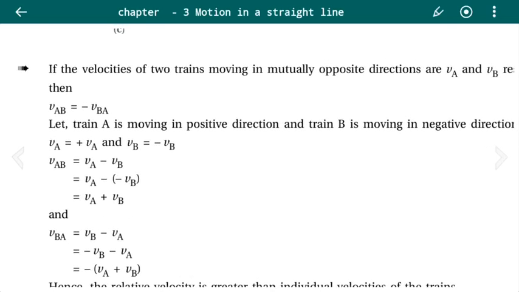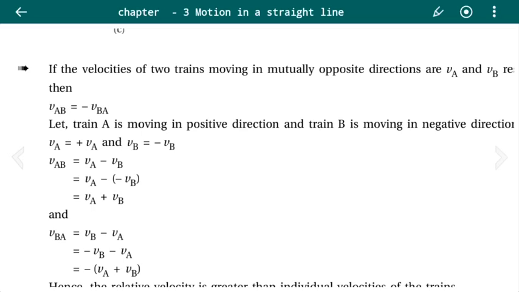Let train A be moving in the positive direction and train B in the negative direction. So va equals to plus va and vb equals to minus vb, because we have already discussed that the minus sign shows the opposite direction. So vab equals to va minus vb.